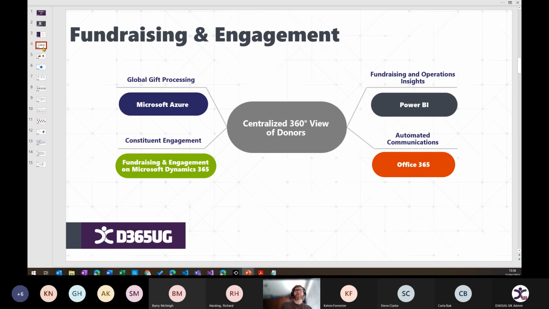It gives you, again, some more starting blocks for things like constituent management, gift processing, communications, and some reporting options as well.